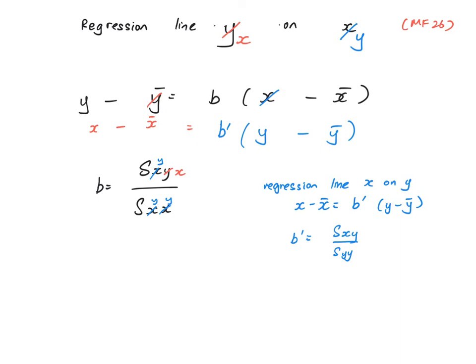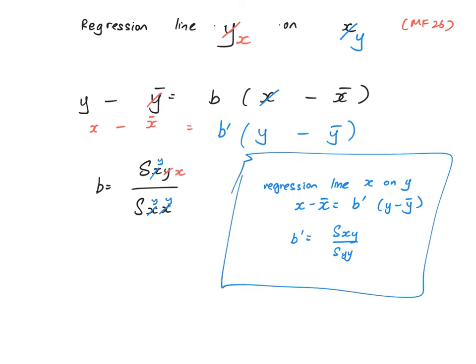Now we are doing x on y, so all we need to do is swap variables. We replace all the x in the formula list with y, and replace all the y in the formula list with x.